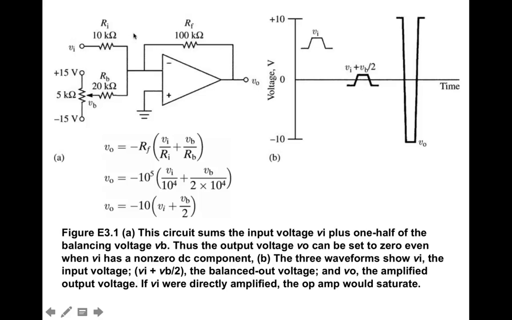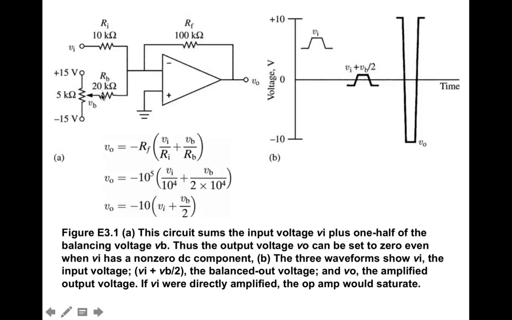So what you do is you build a summer circuit. The summer circuit is the part to the left of where the feedback resistor joins in, and basically it's combining two things: a summer and a voltage divider. So what happens here is you have a 20K and a 5K resistor.